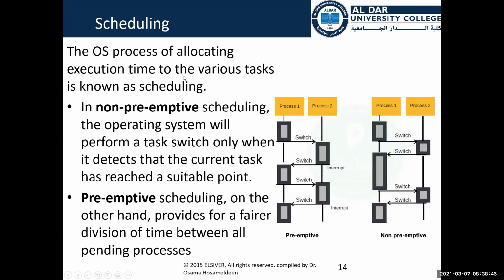Scheduling is the operating system process to allocate time to various tasks, and this is known as scheduling. So the CPU here, as you see in the figures on the right-hand side, we have process 1. The CPU is switching to process 2, returning back to process 1, returning back to process 2, and so on.